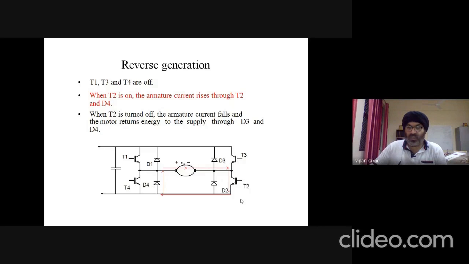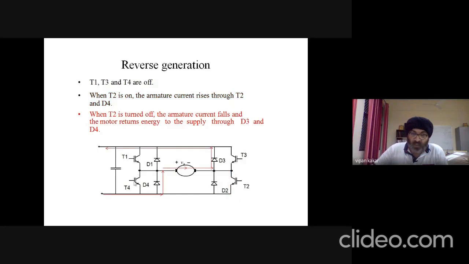Only T2 is turned on. So when T2 is turned on, the armature current rises through T2 and D4 and follows this path, shown by the red arrows again. And the armature current follows the path from left to right.